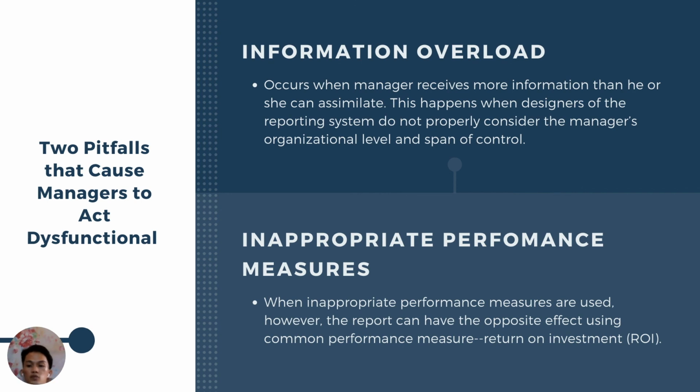Each manager's objective is to maximize ROI. Naturally, the organization wants this to happen through prudent cost management and increased profit margins. However, when ROI is used as a single criterion for measuring performance, the criterion itself becomes the focus of attention and object of manipulation. So, that is what we call inappropriate performance measure.